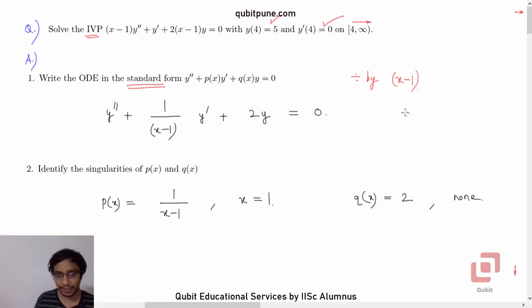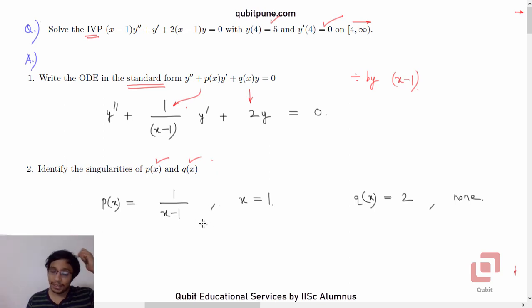It should always be 1. So this is going to tell us the functions p of x and q of x. p of x is going to be 1 upon x minus 1 and q of x is going to be 2. Very simple. Second thing is we should identify the singular points of p of x and q of x.